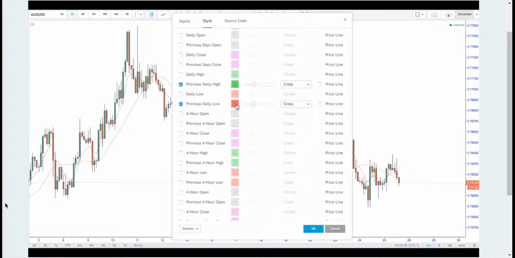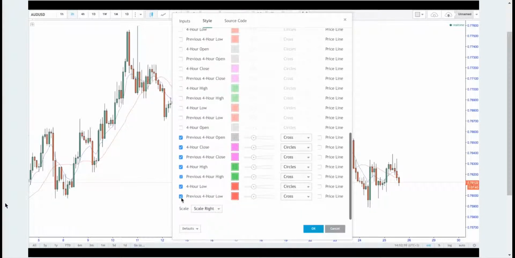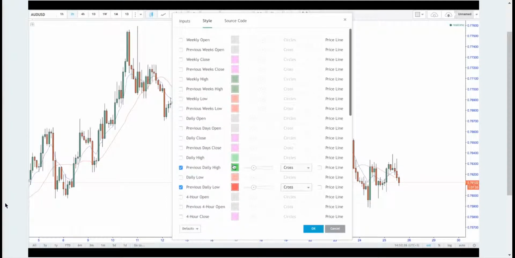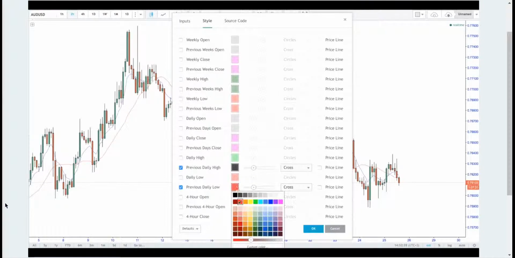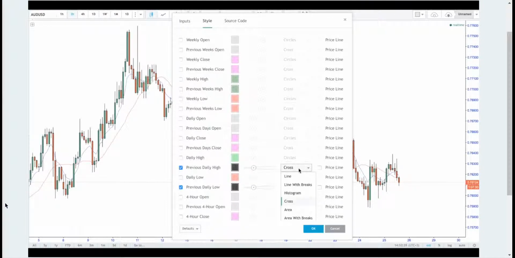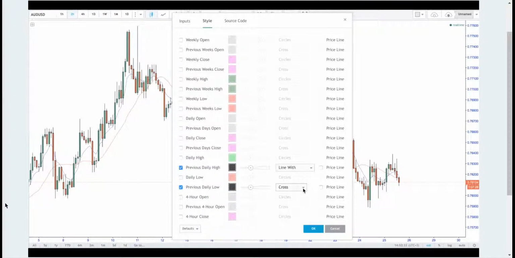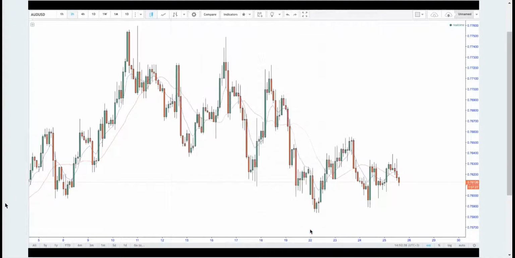Previous daily low and previous daily high are the only ones that we need to remain ticked. Color these black, and here we want line with breaks on both. Line with breaks. And go ahead, guys, and press OK.